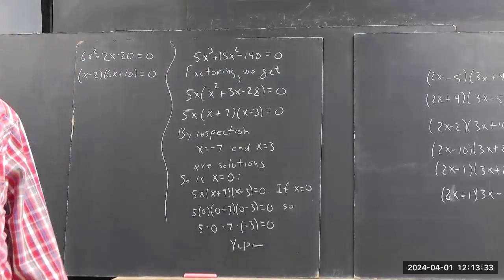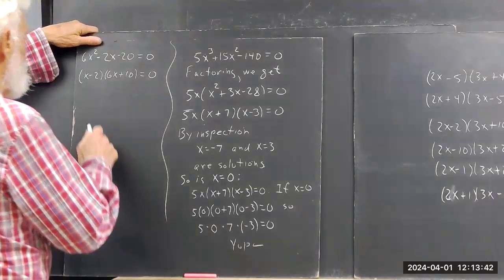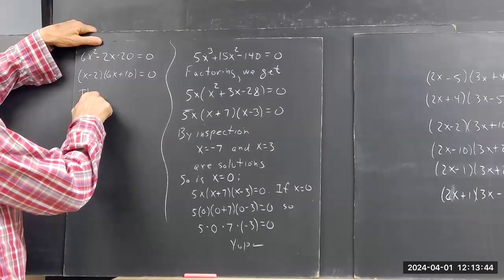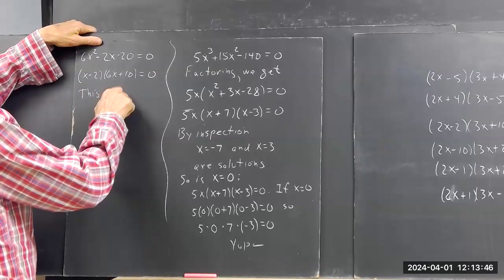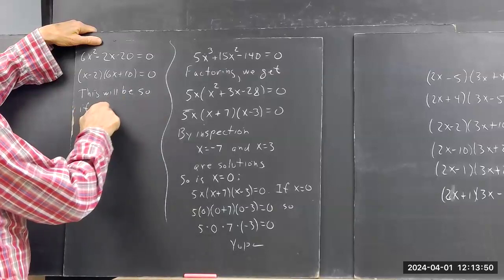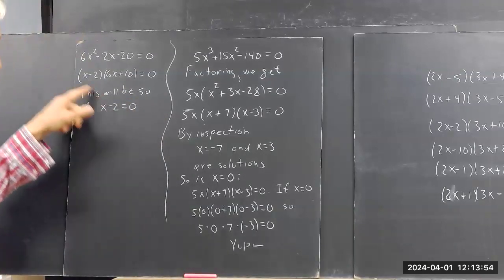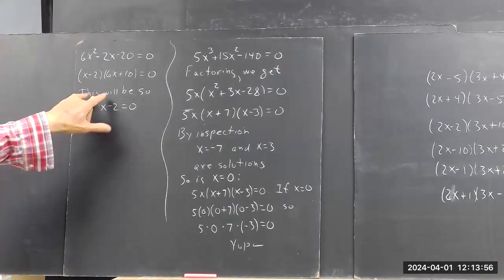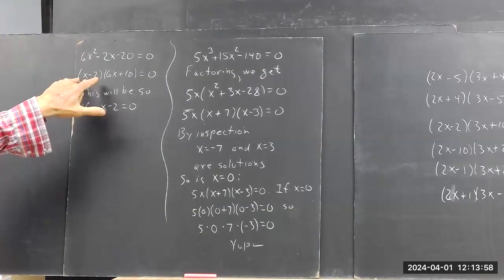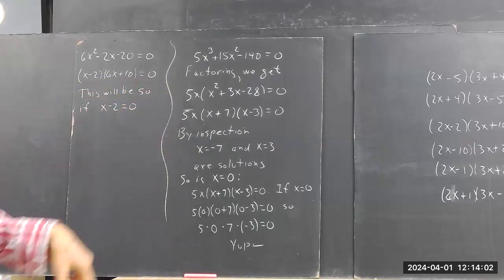Okay. Now the logic. It's going to be true if x minus 2 is 0, because if x minus 2 is 0, then you multiply 0 by whatever this is, you're going to get 0.